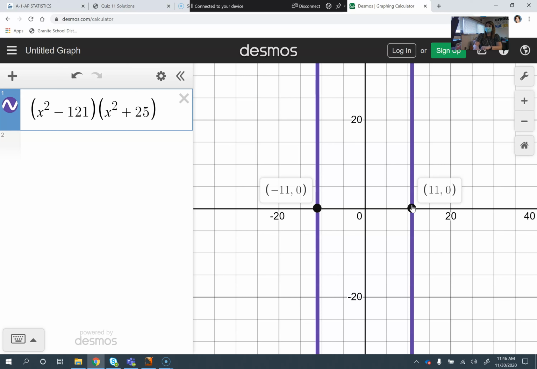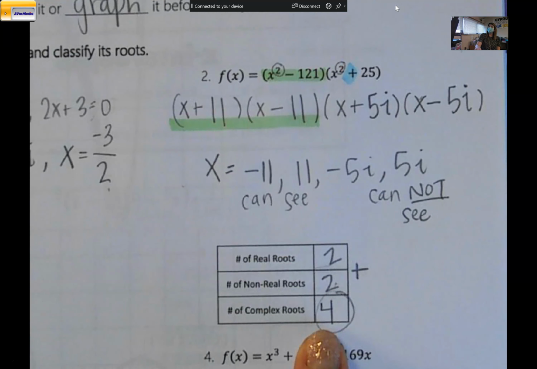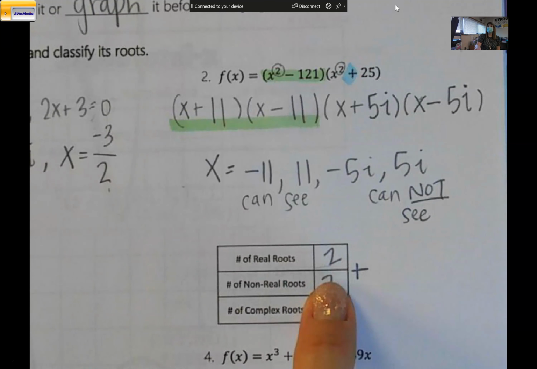That's exactly what you're getting up here. 2 real roots, these are the ones that we can see. These ones you cannot see on Desmos. So you need to know that there's 4 total roots, and if you graph it and only see 2, that means the other ones are imaginary. Does that help a little bit?